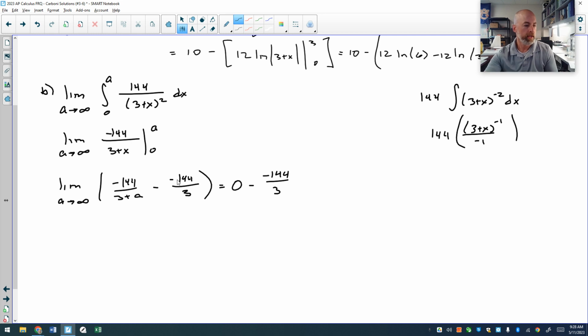Cool. H is this function. Find the value of the integral from 0 to 3 of h. This is probably going to be parts. So 0 to 3 of h of x, which is x f prime of x dx. And yes, this is going to be a nice parts problem. u is going to be x, v prime is f prime, u prime is 1, v would be the antiderivative of f prime, which is f.